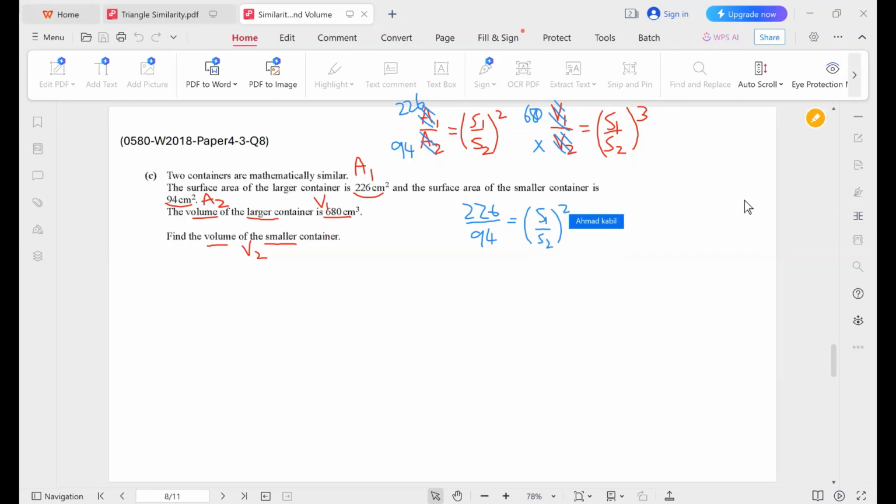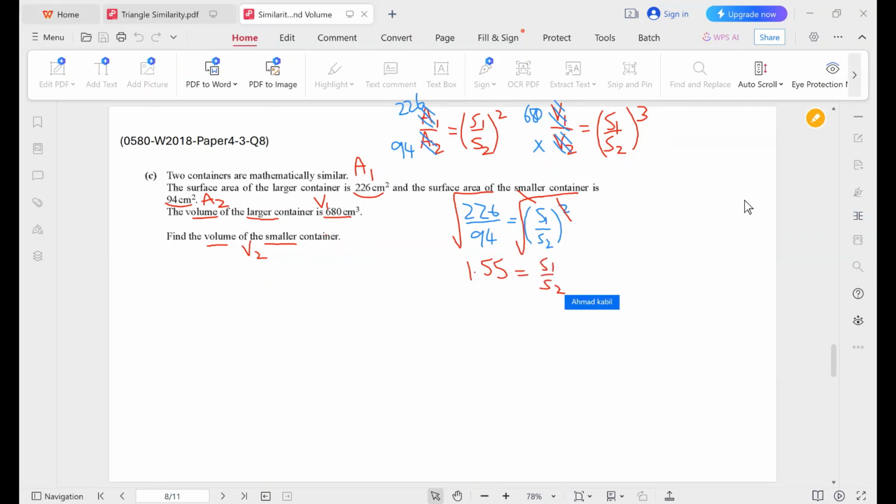And we take the square root of both sides. The power 2 cancels the square root, and we are left with root of fraction 226 divided by 94. And that gives us 1.55 equals S1 over S2.